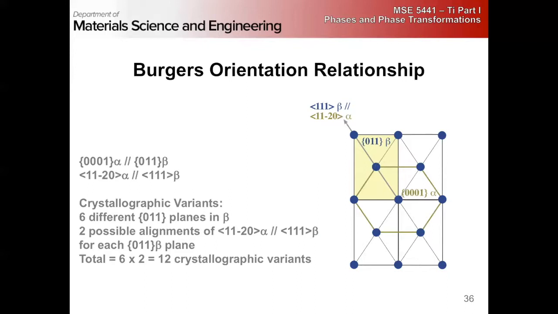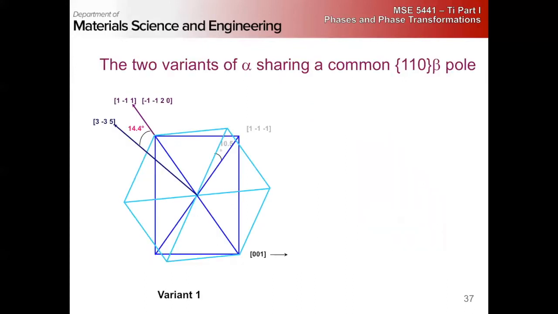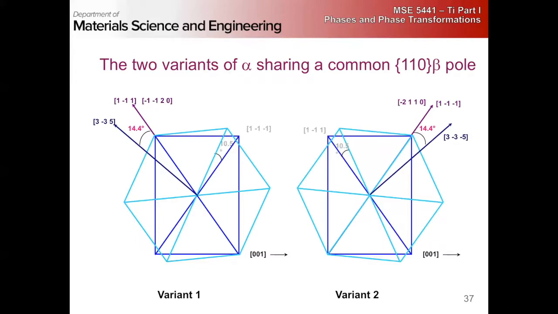So we have half the number of variants that you do for steel, right? So essentially, this just shows the 2 variants that are on the same {110} pole relationships that are possible, right?